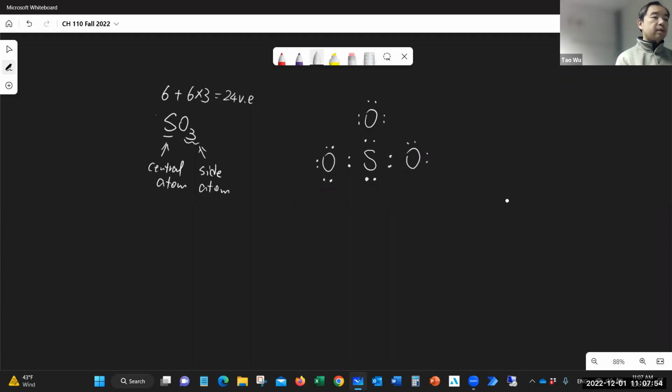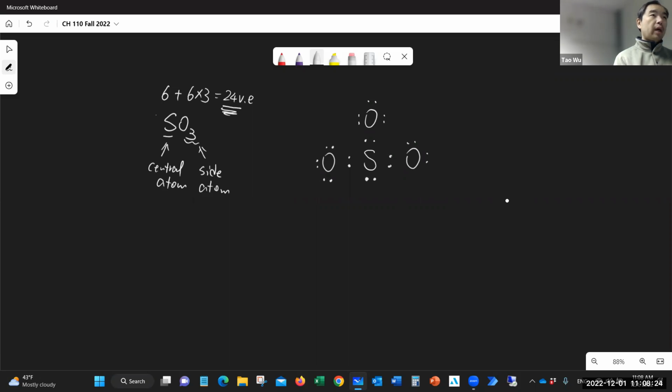Okay, so when we assign 24 dots over here, we shouldn't add any more because the valence electrons limit how many dots we assign. We need to assign 24, so we should only draw 24. But in this case, you will see oxygen and sulfur have 8 electrons, which is an octet, following the rule. But this oxygen does not follow the rule, which means we are short of dots.